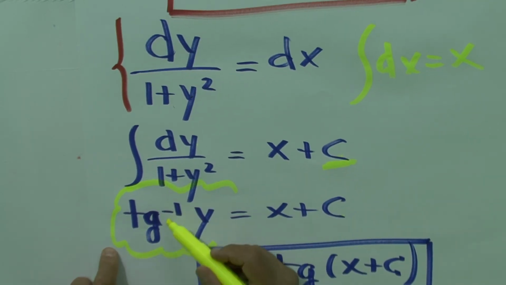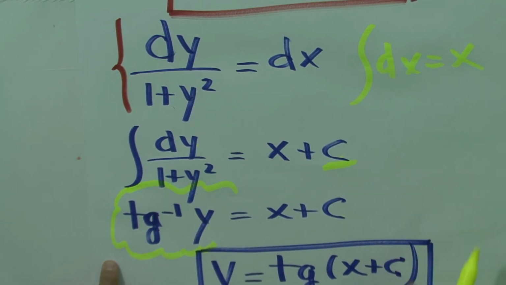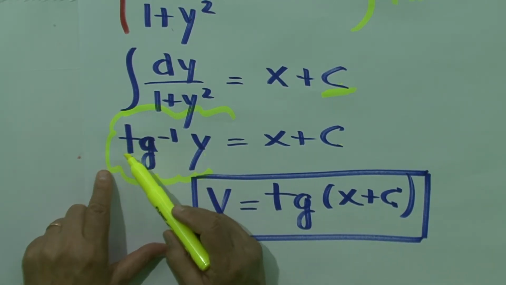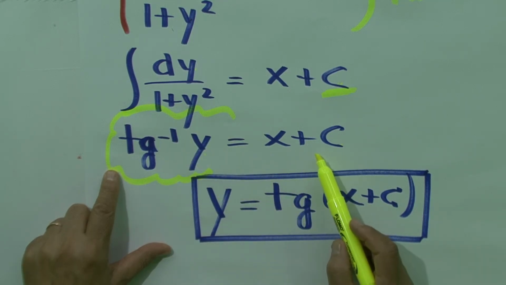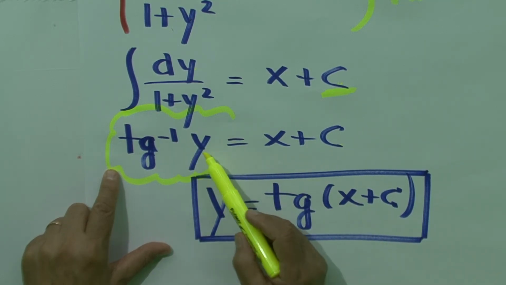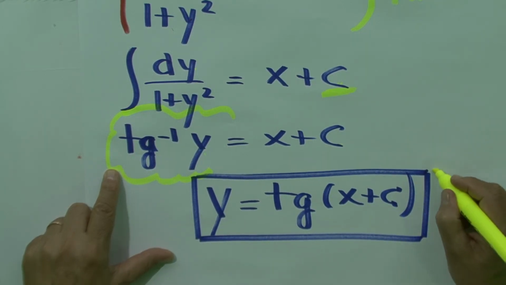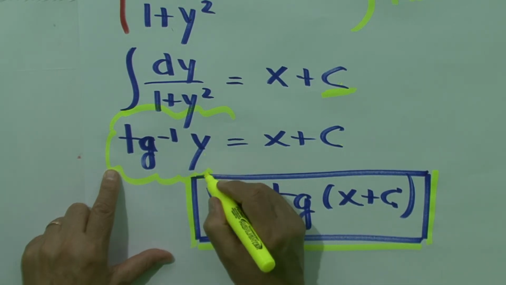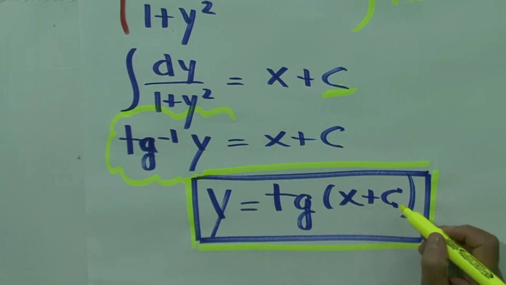If the arctangent of y is this, it means that y is the tangent of this, right? Because here I say that the arc whose tangent is y is this. Therefore, I have the solution: y equal to the tangent of x plus c.